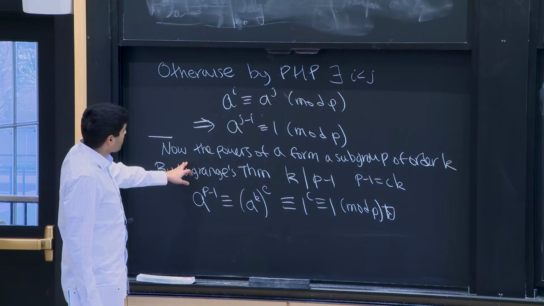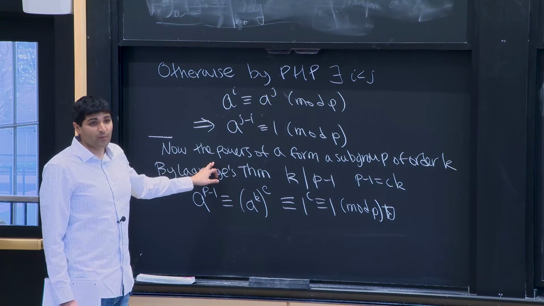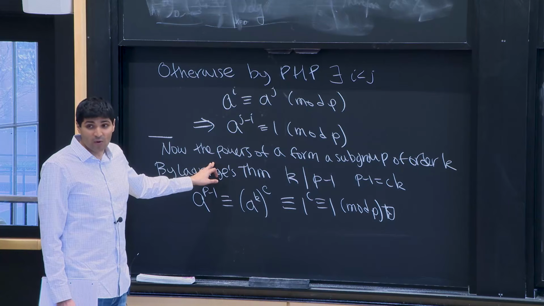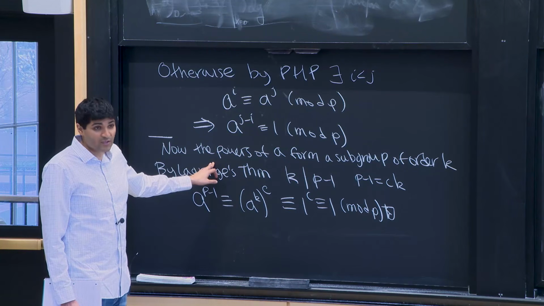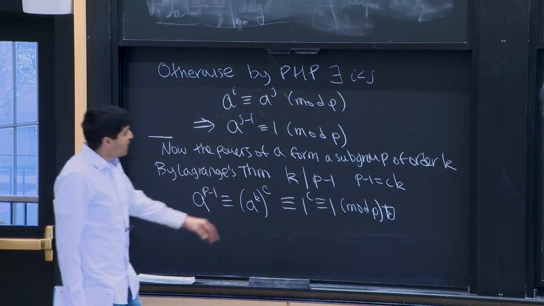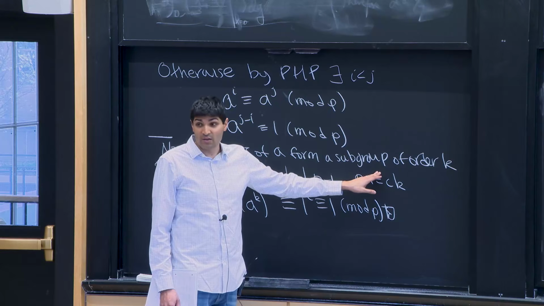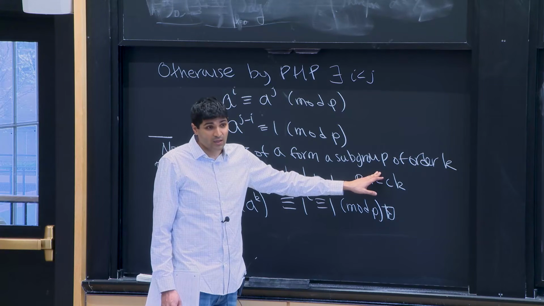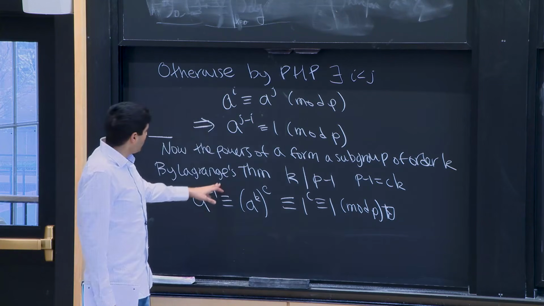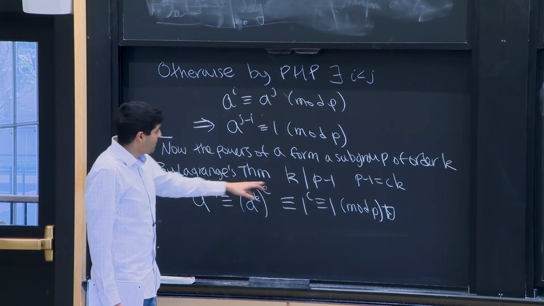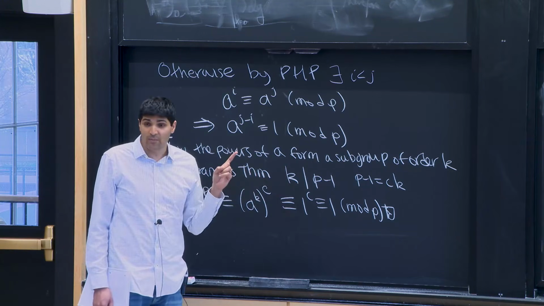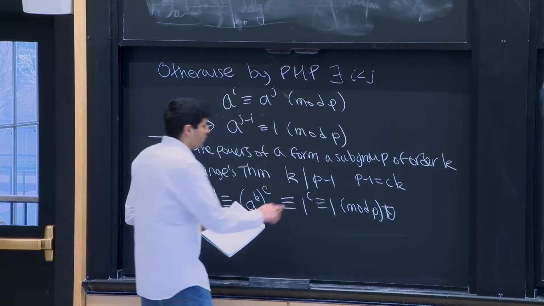And now, that's still a subgroup, right? When I look at the powers of A, that's still a subgroup. I still know its order because that's the first time I have a collision, at k. And then by Lagrange's theorem, I know that k divides not P minus 1, but the order of the group.